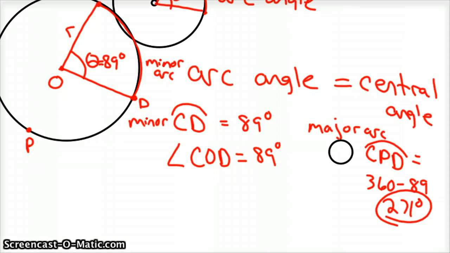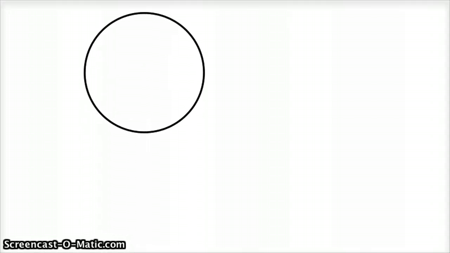And essentially that's it. There's going to be some other things in this for properties of circles, but most of this you've seen before, and so I'm hoping this is just a refresher, and you might not have seen the symbols or know what a major arc and a minor arc are. I could give you one more example before I hit the road. So let's say we have a circle here.